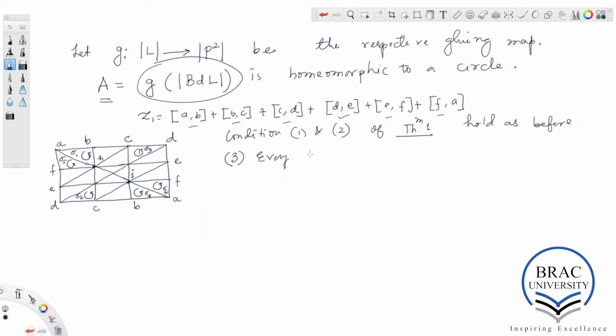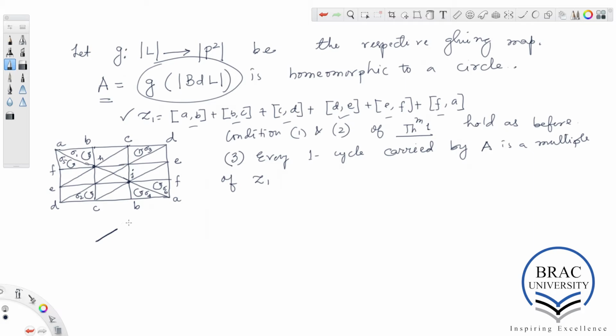Every one cycle carried by A, this guy which is homeomorphic to a circle, is a multiple of Z1, this guy. Okay, so how does it happen? Let us quickly have a look at it. So you see that it can be seen as the boundary of a complex, right?